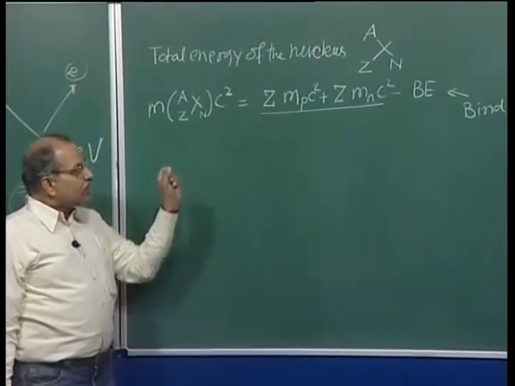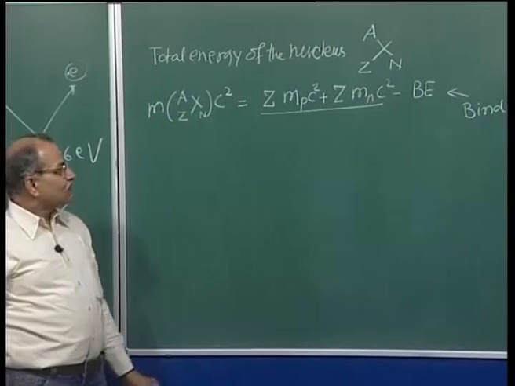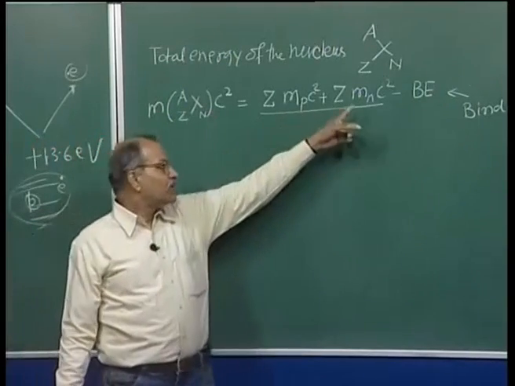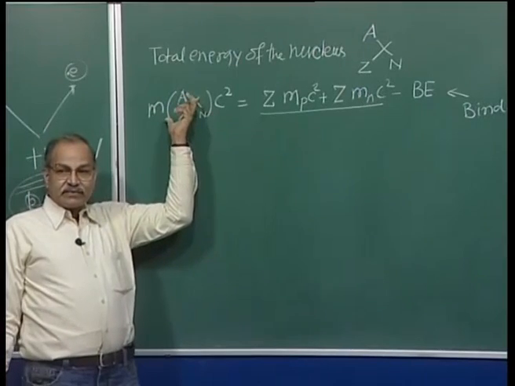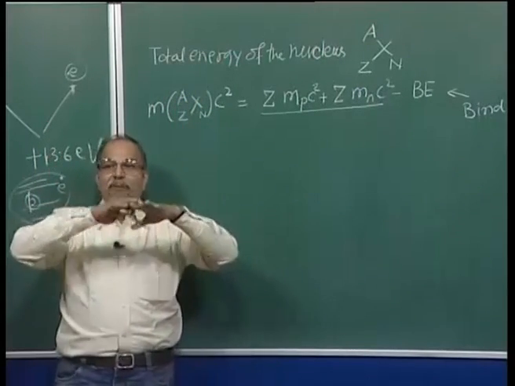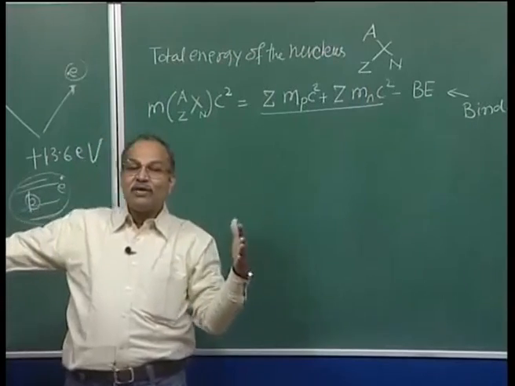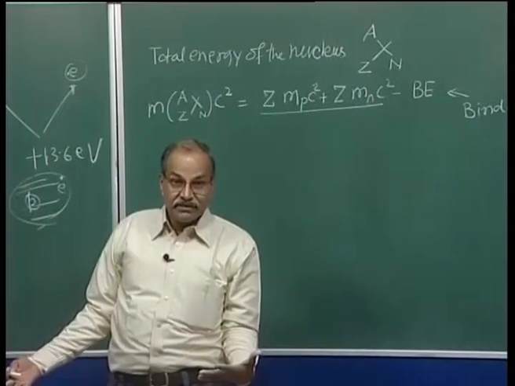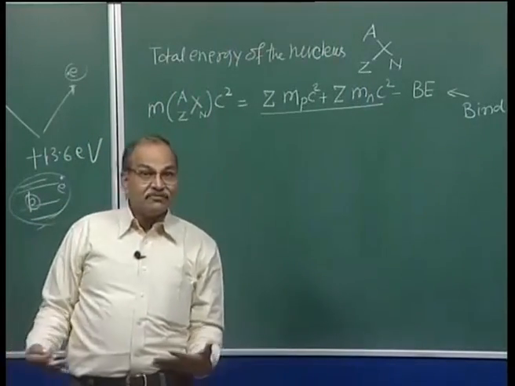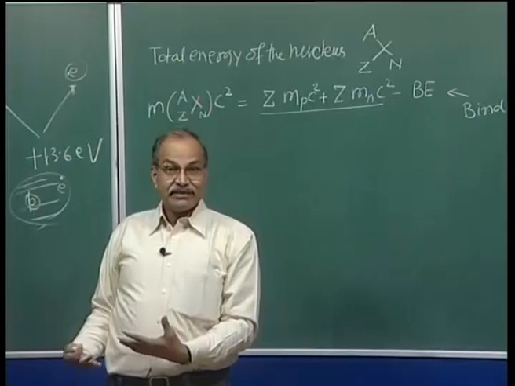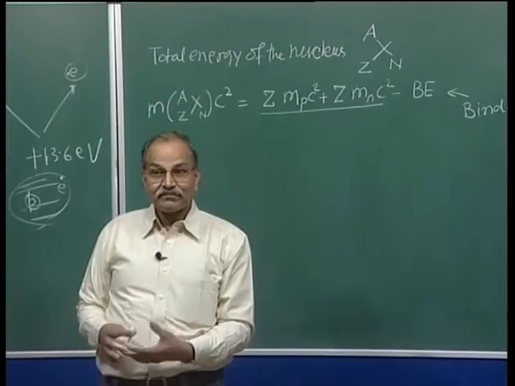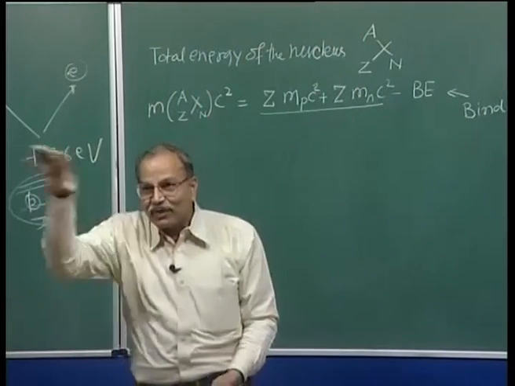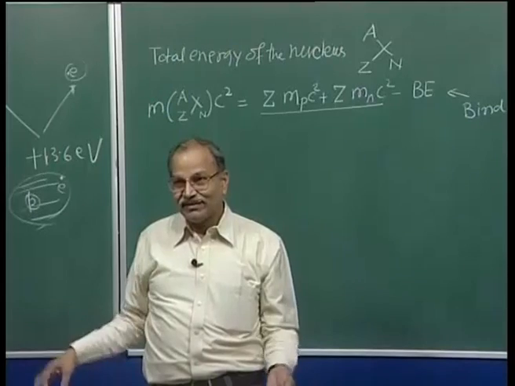Now, if I look at that binding energy, mass of proton is known, mass of neutron is known. So, mass of this nucleus is needed. Okay. So, if I try to see the pattern in all those nuclei which are naturally available or which we can create in laboratories, if we want to look at the pattern of binding energy, then I need the masses of all those nuclei, correct.